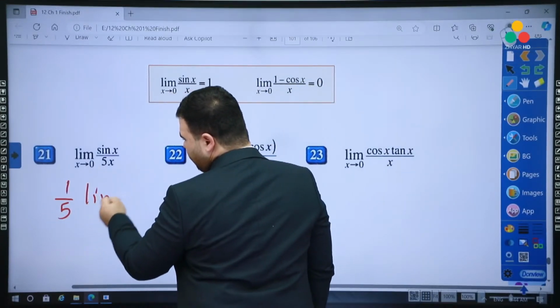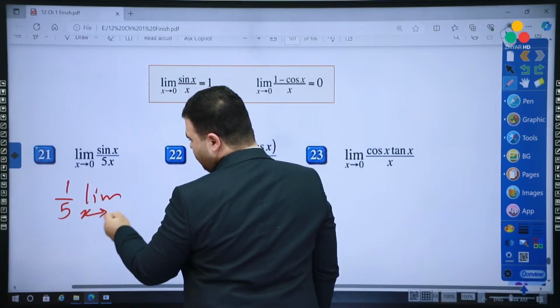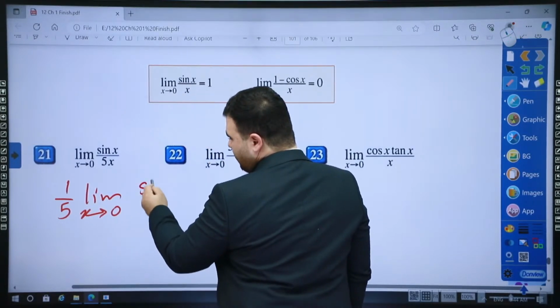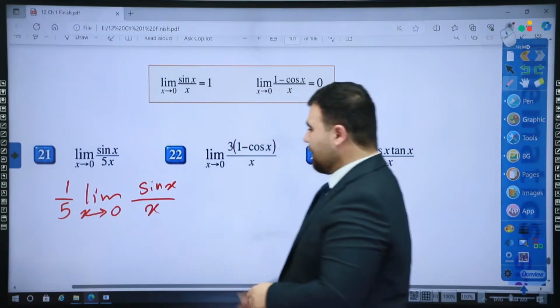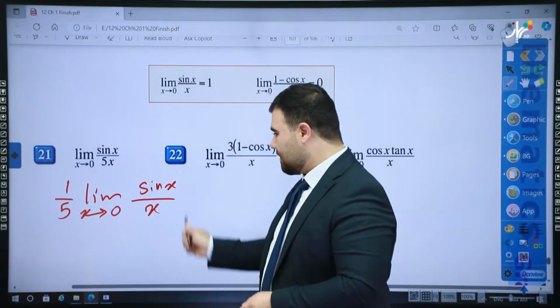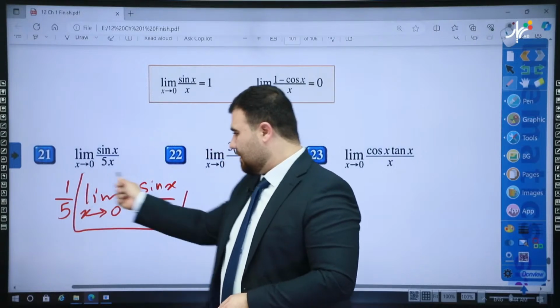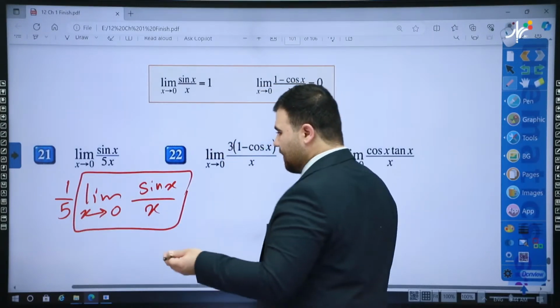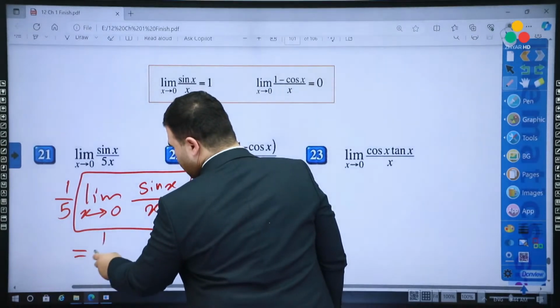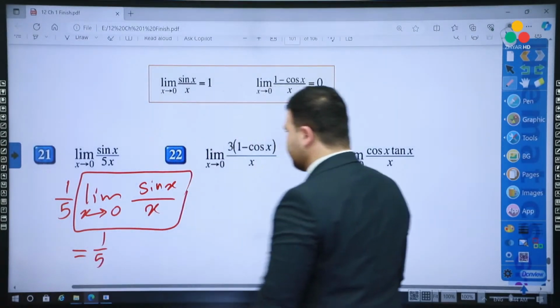Then limit x tends to 0, sine x over x. I know this limit is equal to 1. This entire limit is equal to 1. 1 times 1 over 5 is 1 over 5. So the final answer is 1 over 5.